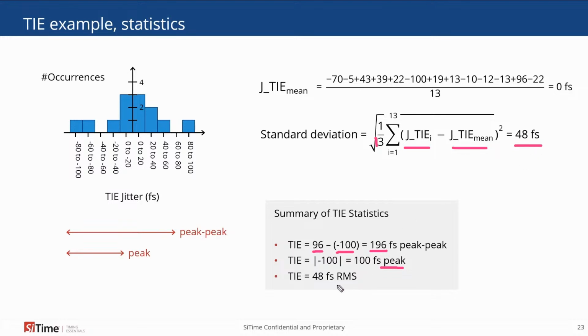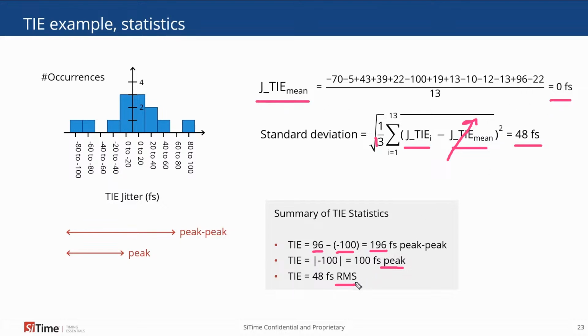Now, you might ask, why are we labeling it as an RMS? Actually, the RMS equation itself is different, but the way that it's different is that the RMS does not include the mean. If we get rid of this term, then the equation for RMS is exactly the same as shown here, but without that term. Now, what's interesting is that the TI jitter mean value is 0.